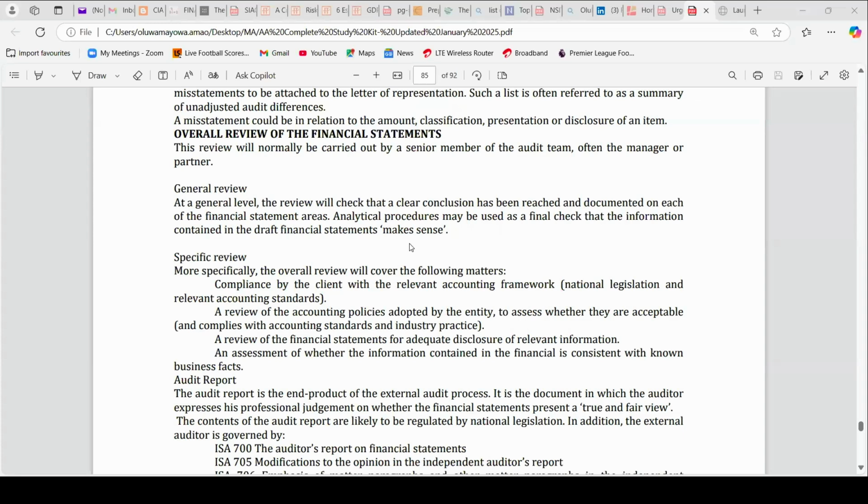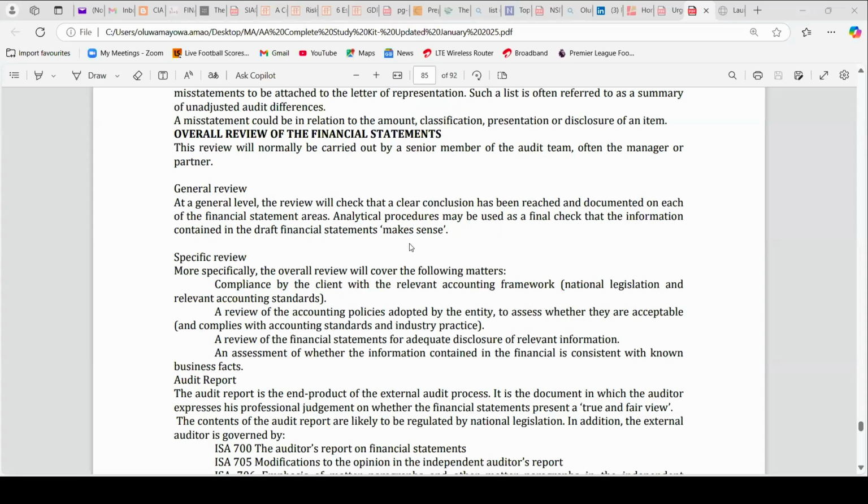There are some accounting policies that you are expected to use once you're in that industry. Then if you want to change an accounting policy, there are some requirements. So the auditor will be reviewing whether the accounting policy adopted by the entity makes sense. This is different from the figure analysis. This is on what accounting policy basis the statements are prepared.